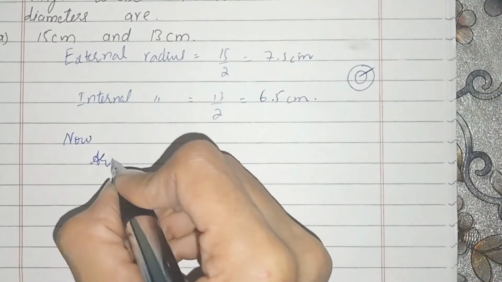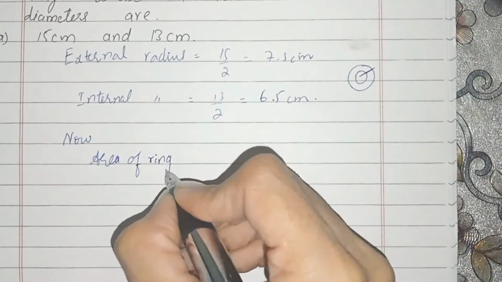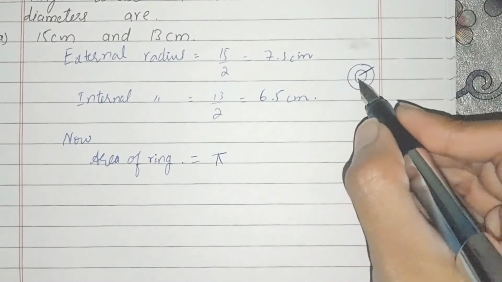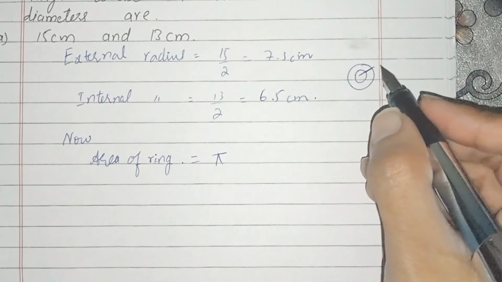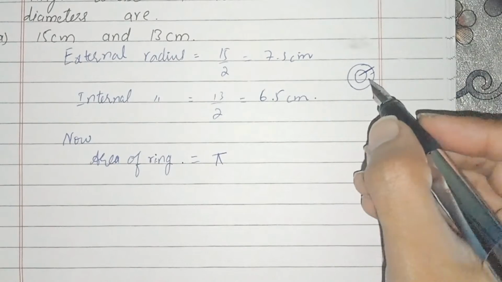Now, area of the ring. What is the area of the ring?